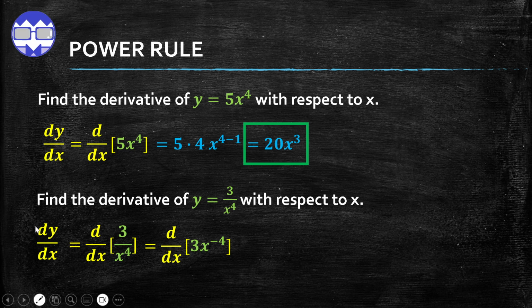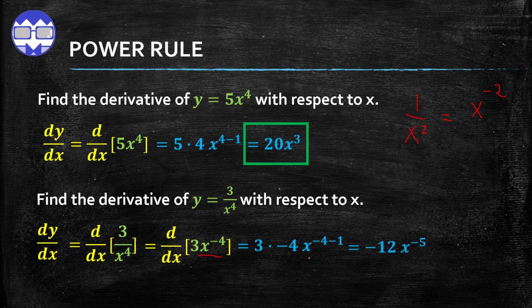For example, 1 over x squared is actually just x to the power of negative 2. So here we have 3x to the power of negative 4. We can now apply the power rule because we have x to the power of n. Just like the previous example, we multiply negative 4 to 3, so 3 times negative 4, and of course subtract 1 from the exponent of the variable. This gives us negative 12 x to the power of negative 5.